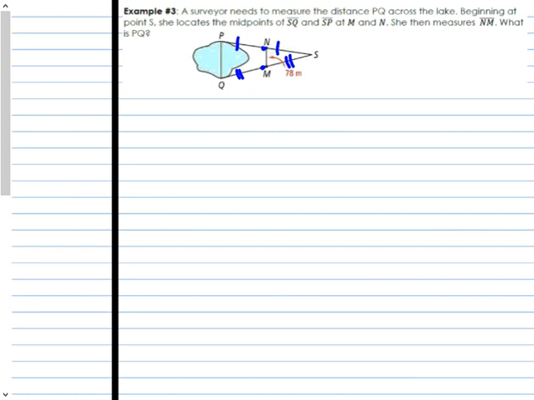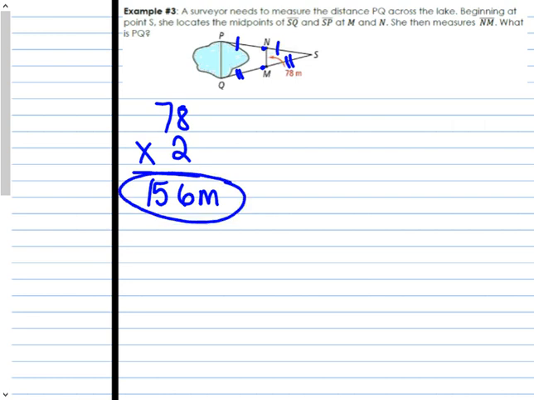Well, 78 times 2, 156 meters is the answer. We double the midsegment. And we will have the answer. Okay, the midsegment is half of the third side.